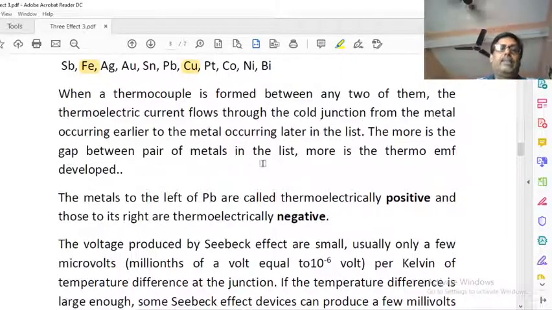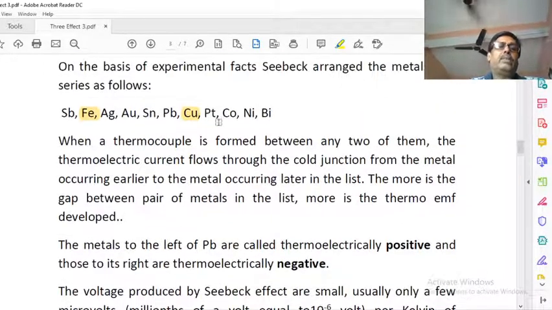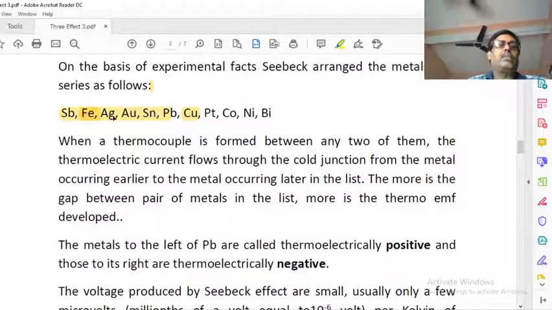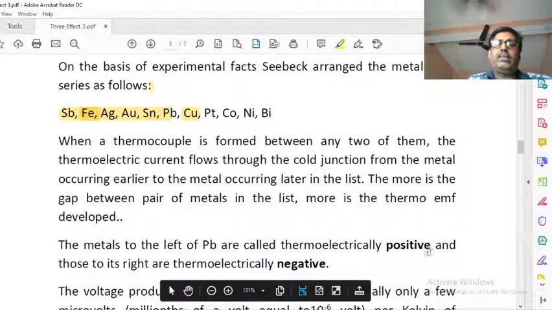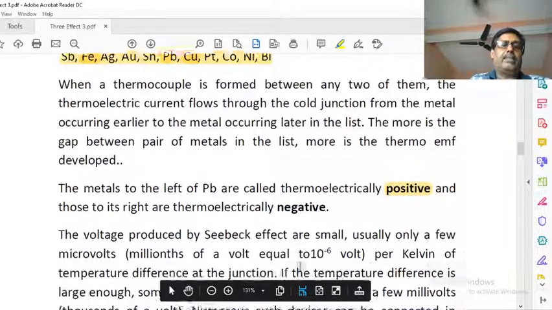And see here, this is PV. The metals on the left side of PV are thermoelectrically positive, and the metals on the right side are called thermoelectrically negative.